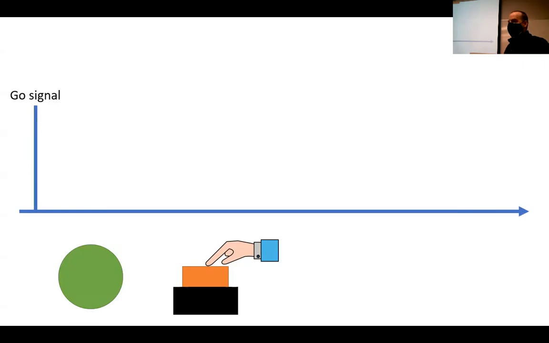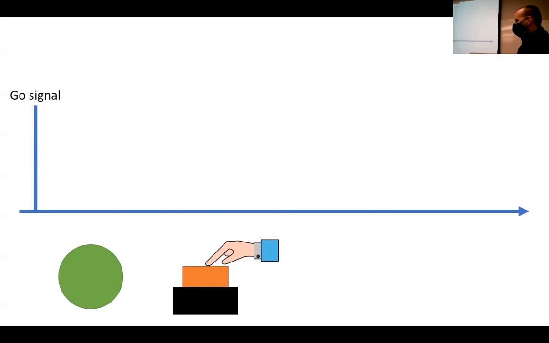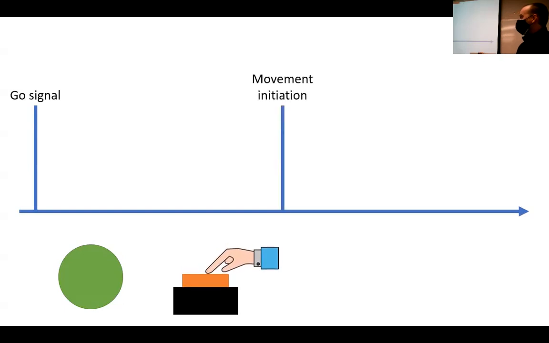And then you go through information processing, and eventually your movement starts. I tried to animate just the start of the movement. It was hard in PowerPoint to do just a tiny bit. But you imagine as soon as we start to move, that's movement initiation. This interval, from the go signal to movement initiation, is our reaction time.